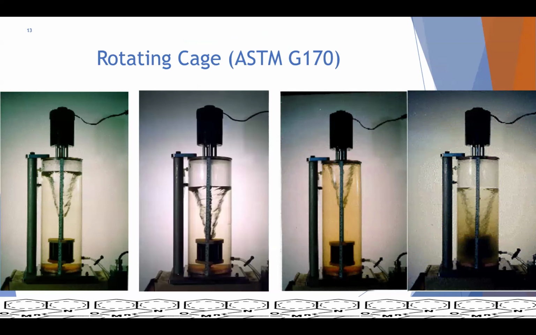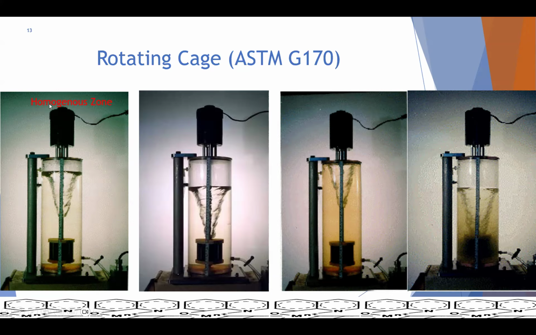And again, we talked about the geometry. ASTM G170 also talks about how the flow pattern changes as a function of rotation speed and the volume. In the ASTM rotating cage, distinctly, there are 4 zones. Zone 1 is the homogeneous zone, in which as we rotate, there's a vortex formation which increases as a function of rotation speed.